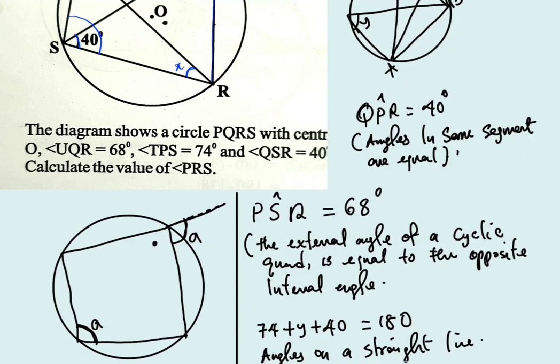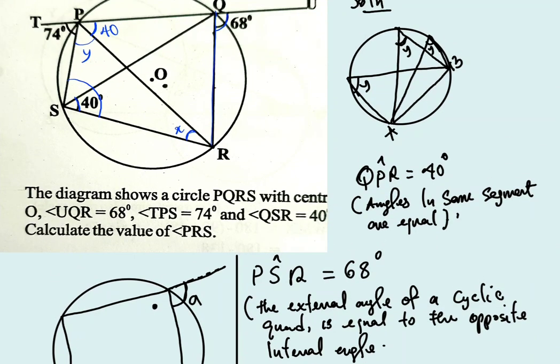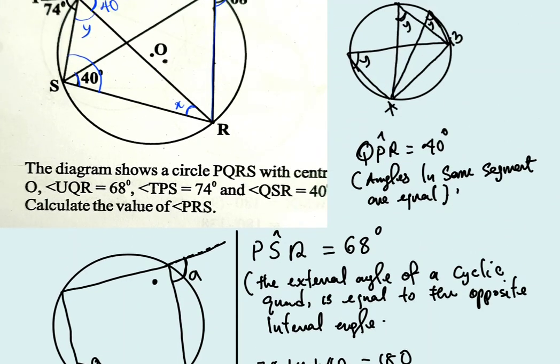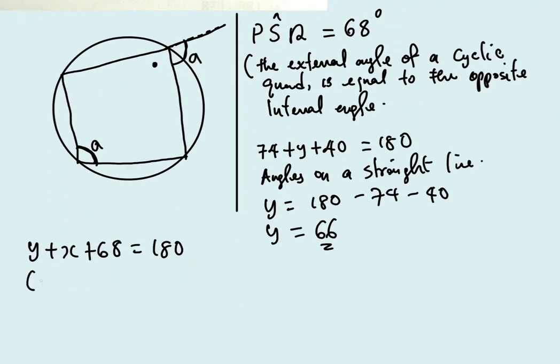But that is not all. The last thing now to do is this. I know that y plus x plus 68 must give me 180. Somebody will tell me why, and I will tell you that it is sum of angles in a triangle.